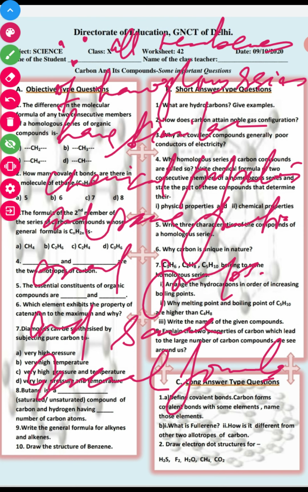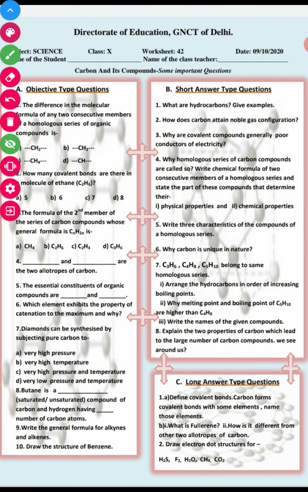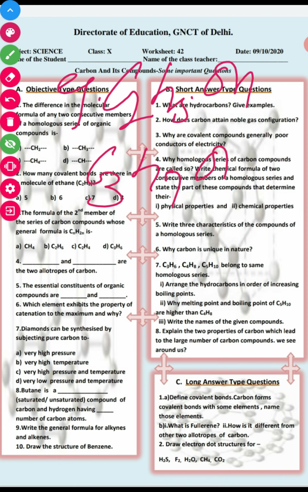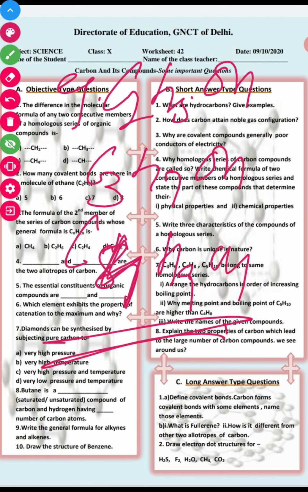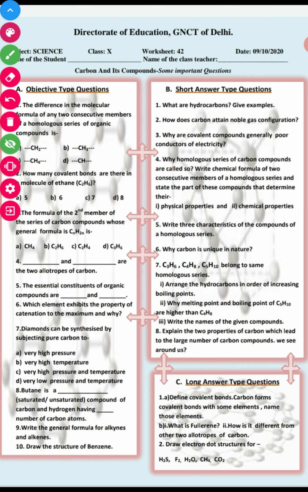For example, you can take alcohols: C2H5OH, another C3H7OH, next C4H9OH, like this.